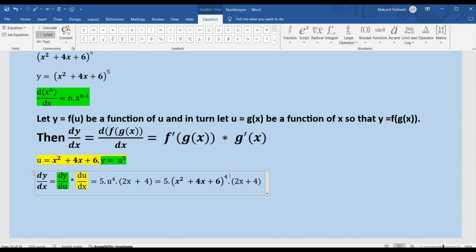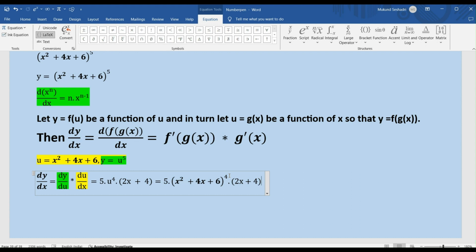So what exactly are we doing here? All that we are doing is, we have a function f of g of x, and my g of x is nothing but x squared plus 4x plus 6. When I've been asked to do a d by dx of f of g of x, I do my f dashed of g of x with respect to g of x, which is what we have called u here.